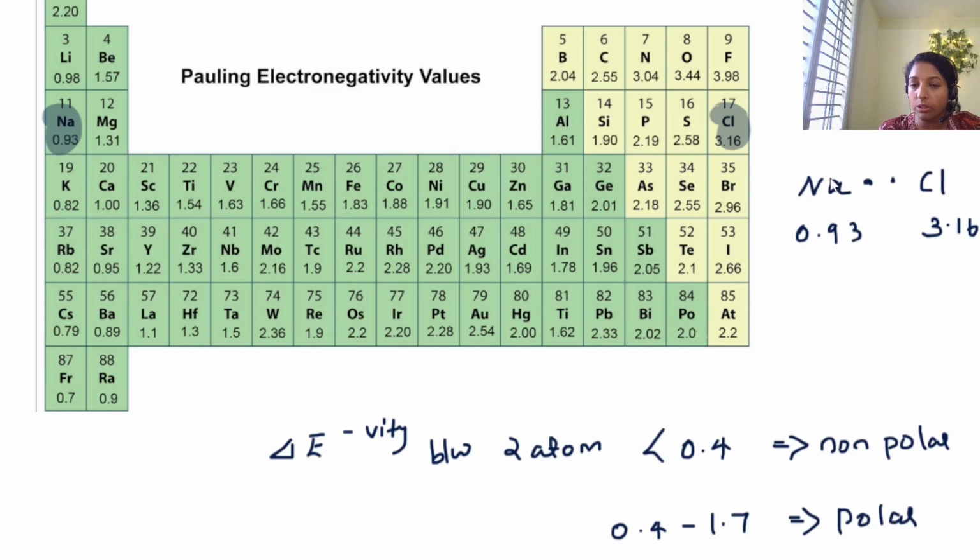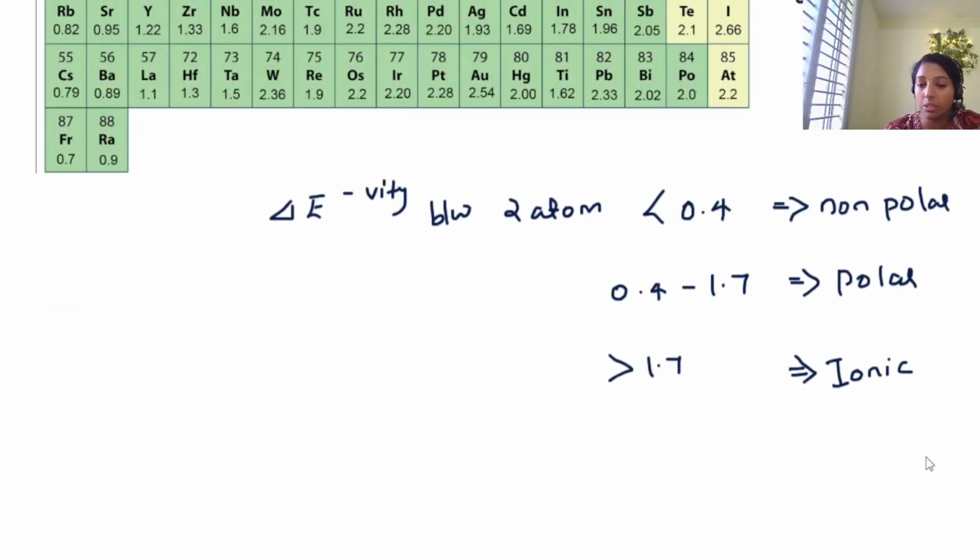It looks like sodium gave the electron to chlorine, but actually chlorine dragged it. Now the full electron is in the vicinity of chlorine, so there is a fully developed negative charge on chlorine and a fully developed positive charge on sodium. This is nothing but ionic. In this way you can also explain how ionic compounds form.